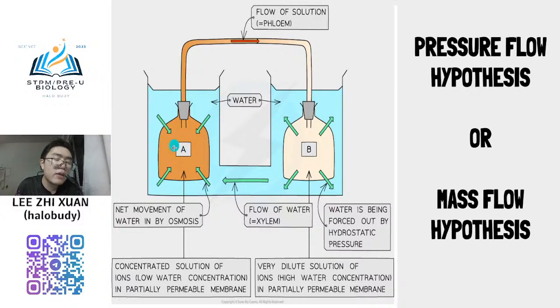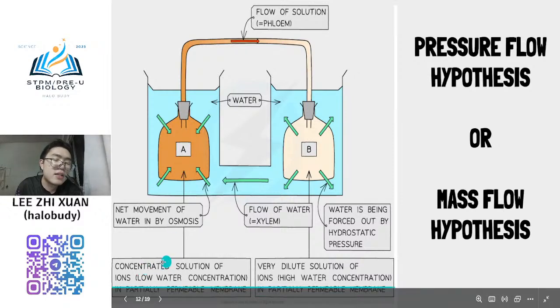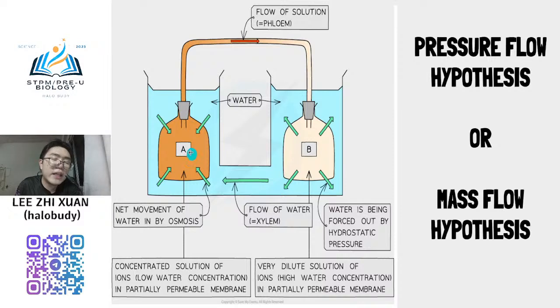Because A is now very highly concentrated, meaning there are many organic nutrients inside A. When there are many organic nutrients inside A, the water potential inside A is very low. So the water molecules from outside the beaker will diffuse into A by osmosis through this permeable membrane.